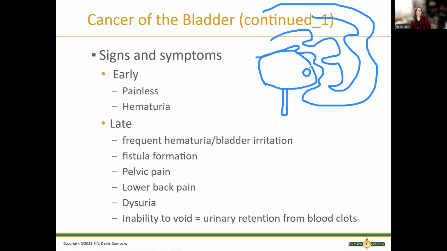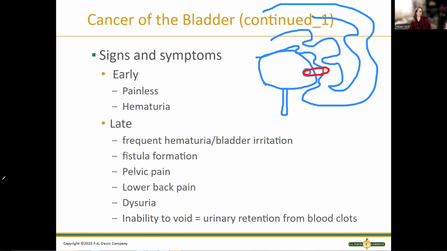What could potentially happen is that the bladder cancer will erode through the layers of the bladder, as well as the layers of the GI tract around it, therefore causing there to be a connection between the two organs that are not supposed to be there. So that would be what a fistula formation is.